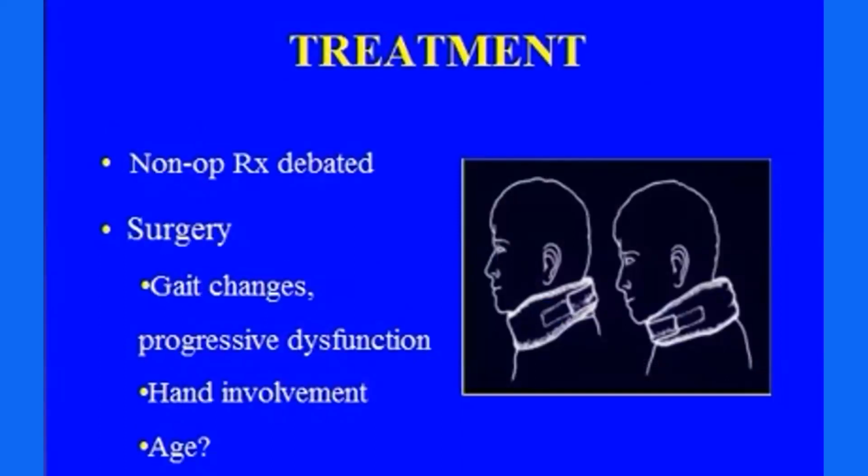What is the treatment? Non-operative treatment is debated. Surgery should be done if you have gait changes, progressive dysfunction, hand involvement, and of course, the age. The age is important.